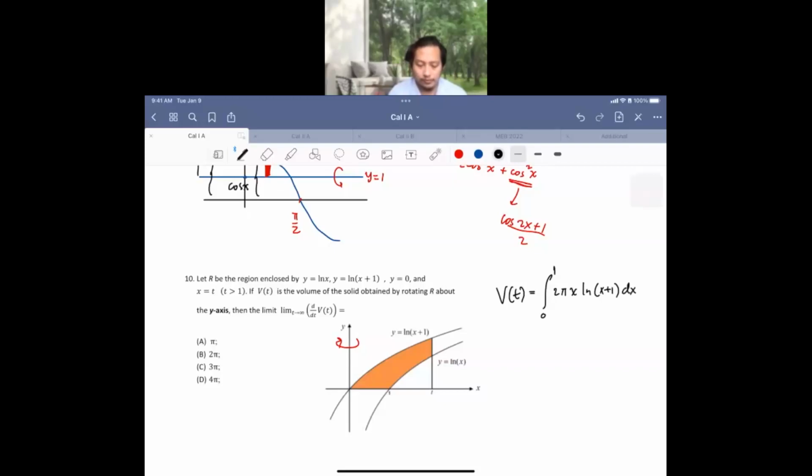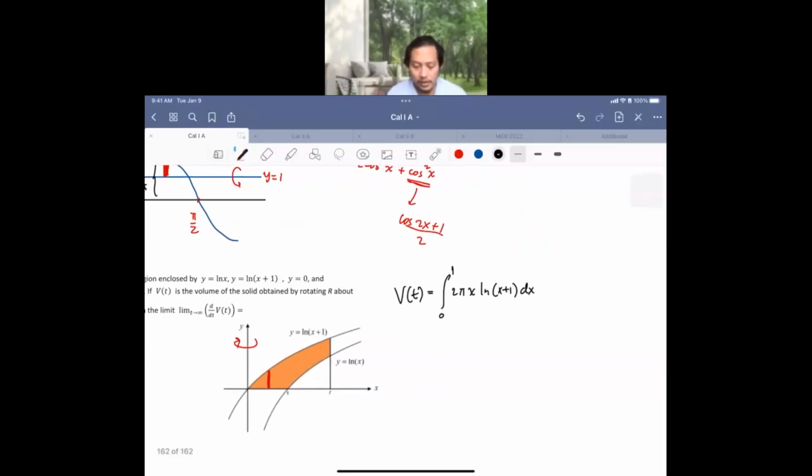So we are going to directly use the first one, which is ln x plus 1, and it's supposed to be plus the other one, the ln x. So this is what we have. First is this. The second is this.